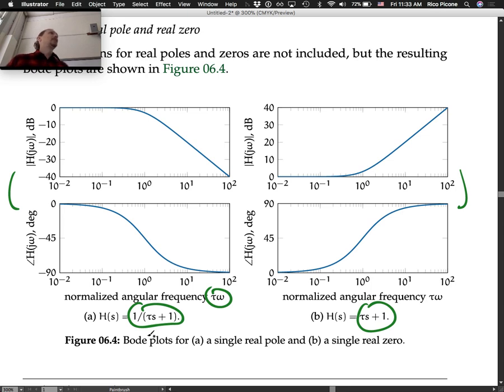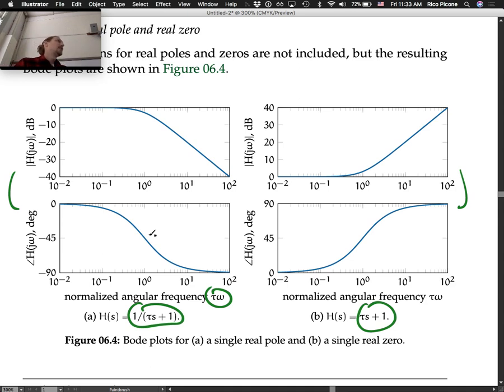So when you plot it, if you plot tau and omega together, you only need to do one plot, and it works for all of the different taus. If you had to see what this would look like for a specific tau, then you have to essentially stretch or compress your horizontal axis, right?